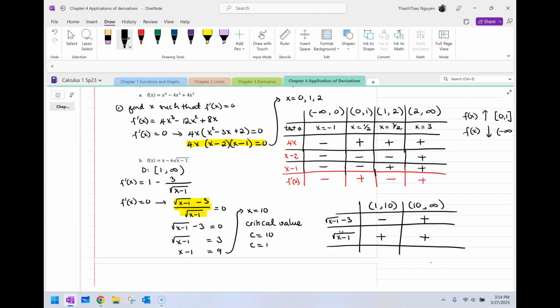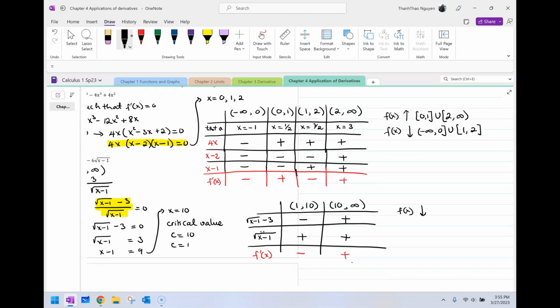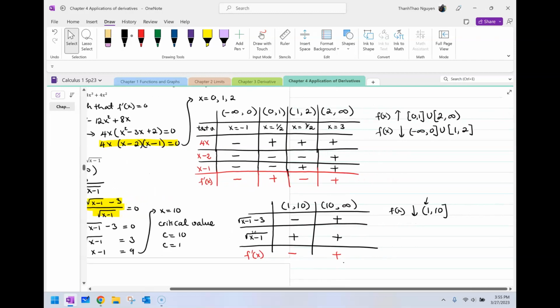So f prime of x is negative in the interval from 1 to 10 and positive from 10 to infinity. This means f of x is decreasing in the interval 1 to 10. Note that I don't include the value 1 here because this is undefined in our critical value.